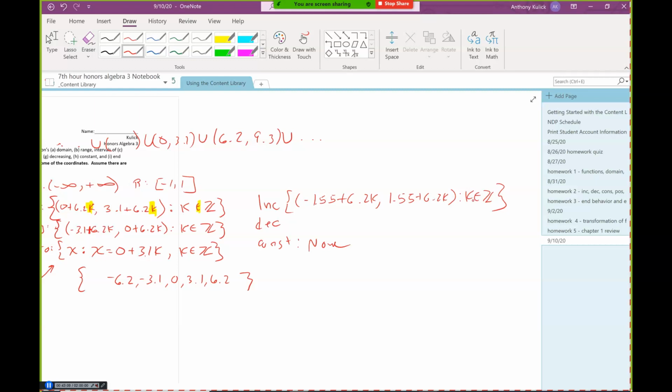Is everybody okay there? Looks very similar, right? The only difference is the starting and ending points have changed, but all the rest of the notation is the same.